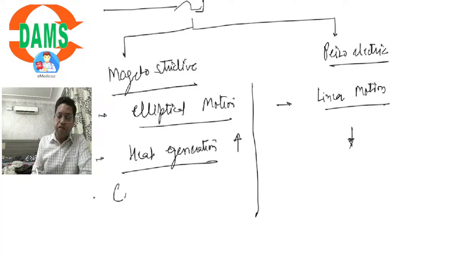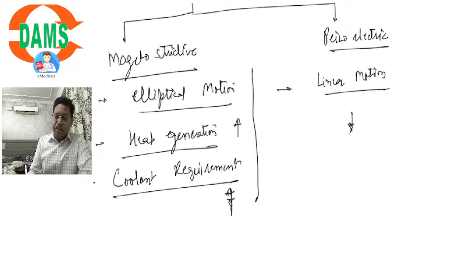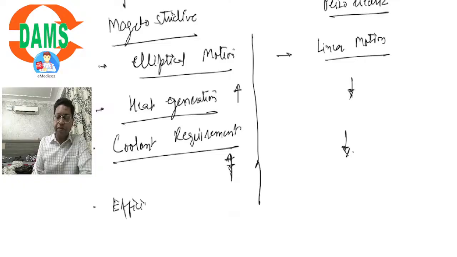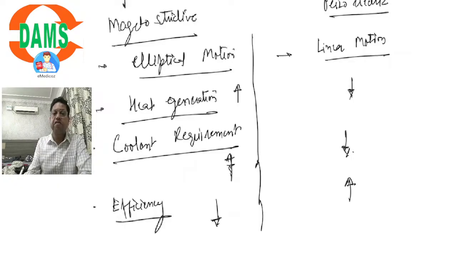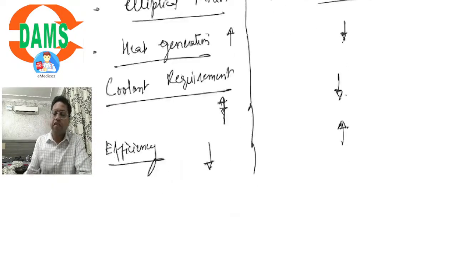So if we look at the coolant requirement, it is more for the magnetostrictive and less for the piezoelectric because it generates less heat. And if we talk about the efficiency, that of magnetostrictive is less, that of piezoelectric handpieces is more, and they are more frequently used. So what is done?